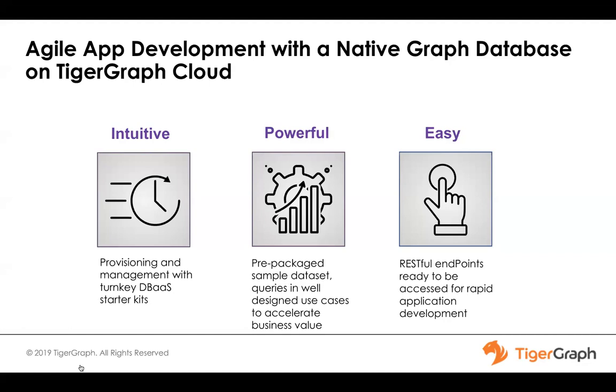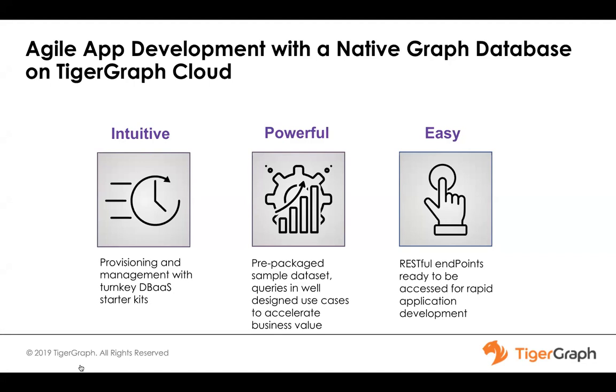It is intuitive through smooth user experience and turnkey database as a service starter kits, so you don't need to think about the infrastructure and database management. It is super powerful because with all the starter kits, TigerGraph Cloud prepackaged the sample dataset, queries, and well-designed use cases, it really gets to the end business value quickly.